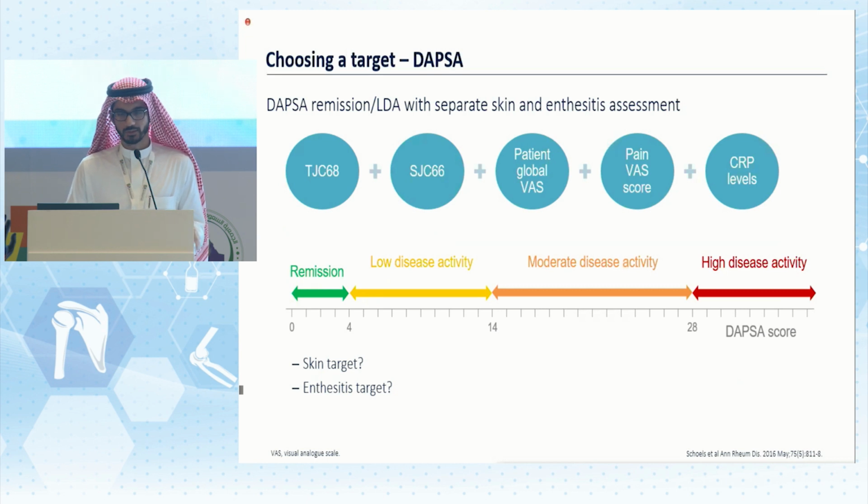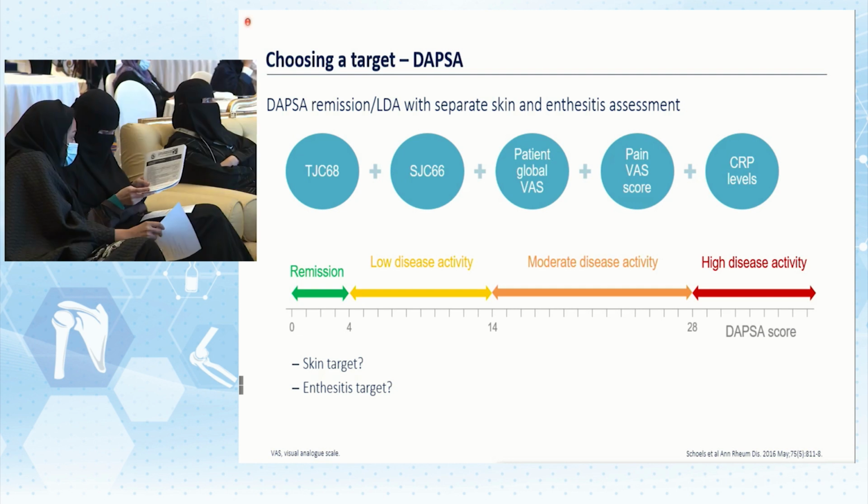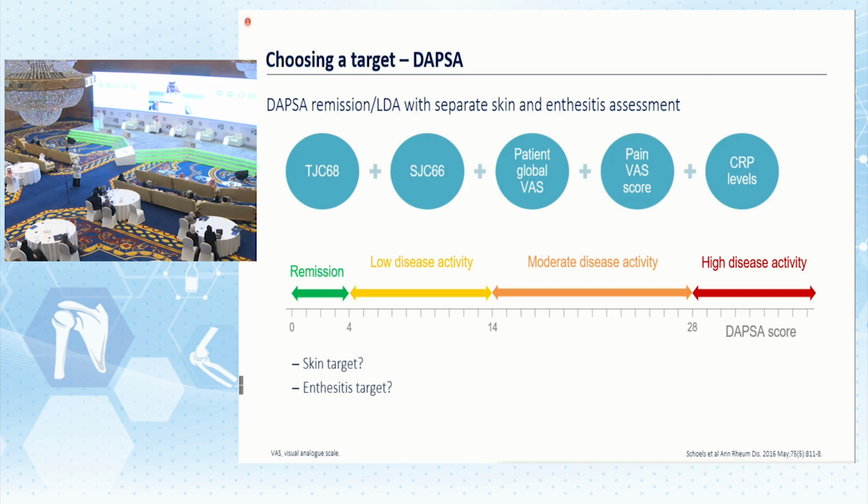As you can see here, DAPSA is a disease outcome measure that is composed of 5 different domains, starting from the tender joint count and swollen joint count, and then domains that are usually reported by our patients: patient global visual analog score and pain score, as well as the CRP level.